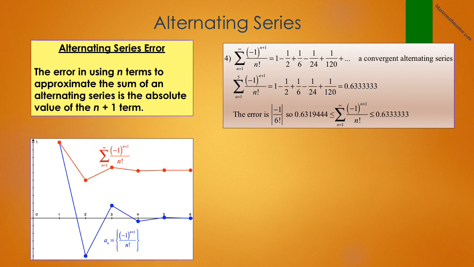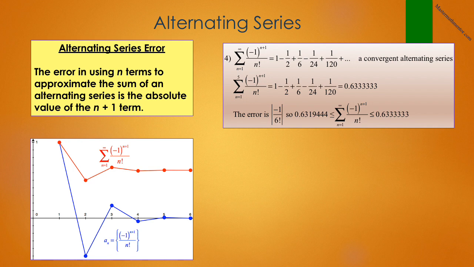Let's show this graphically. We first show in blue the sequence a sub n equals negative 1 to the n plus 1 over n factorial. We use lines to make it a little bit clearer, but we can see the points, and we can see that this is certainly alternating, as they are first positive, then negative, and positive, and negative, and they get smaller and smaller.